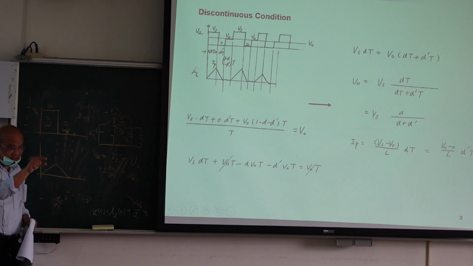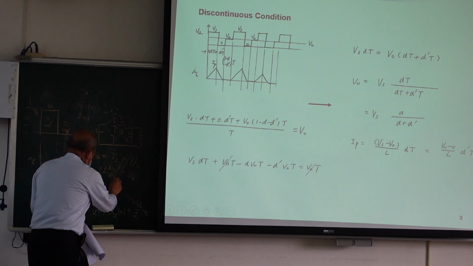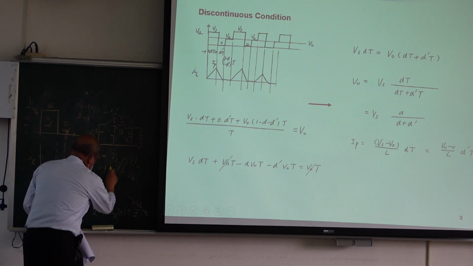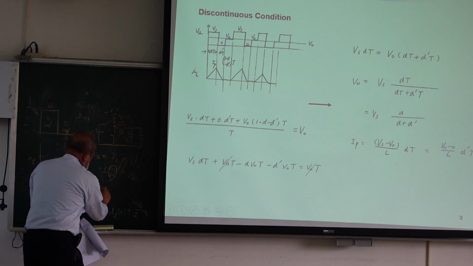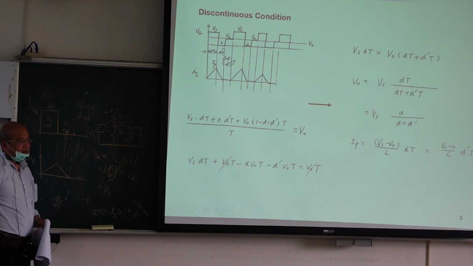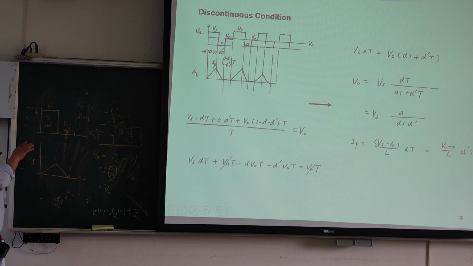If you have a constant, what is the value of the differential? 0. So this is 0, and this is VC. So if your switch turns off and your diode turns off, then what is VA? VA is equal to VC.